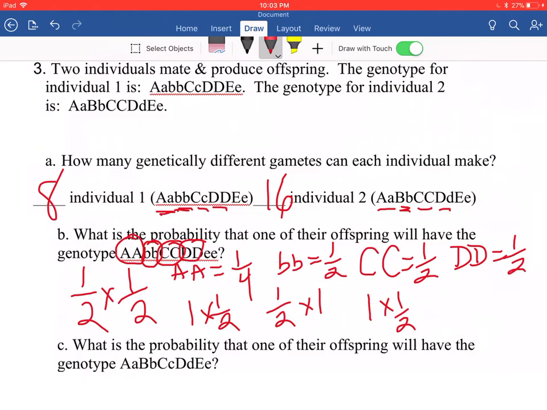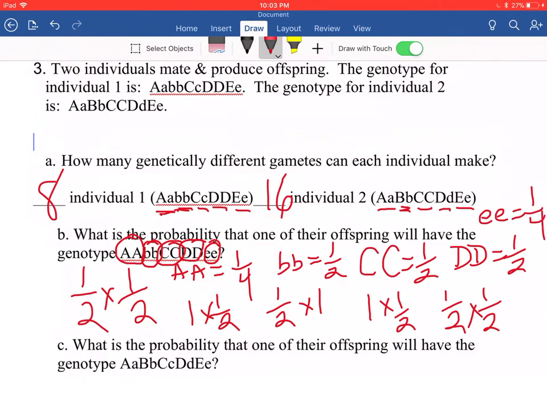Now what about the E? We're interested in the offspring getting 2 little e's. So the probability of individual 1 passing on a little e is a half. The probability of individual 2 passing on a little e is a half. And if we multiply those together, we know that the probability of little e is 1/4.